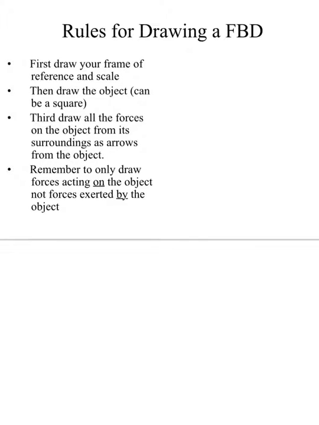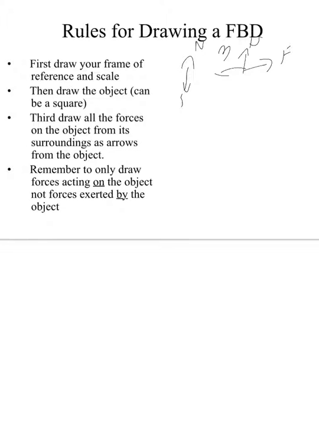So, the rules. The first thing you need to do is draw a frame of reference and a scale. Usually, we might just say this direction is north, that direction is south. Or I might say this is up, this is forward, this is backwards. Just so that I know what you're describing.